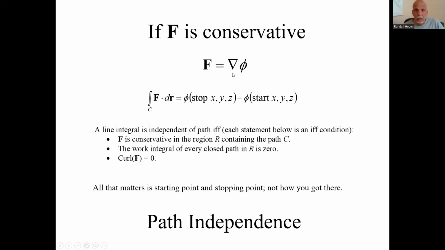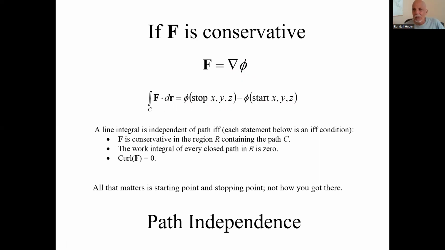It means your vector field is the gradient of some differentiable scalar function phi that we call the potential function. When that is the case, this work integral just becomes phi evaluated at where the path stopped minus where the path started. Remember what a work integral is.